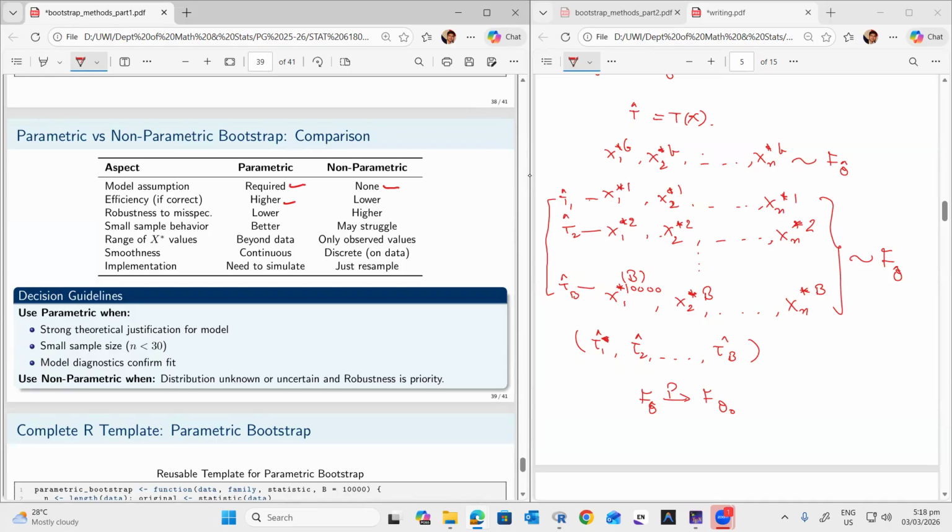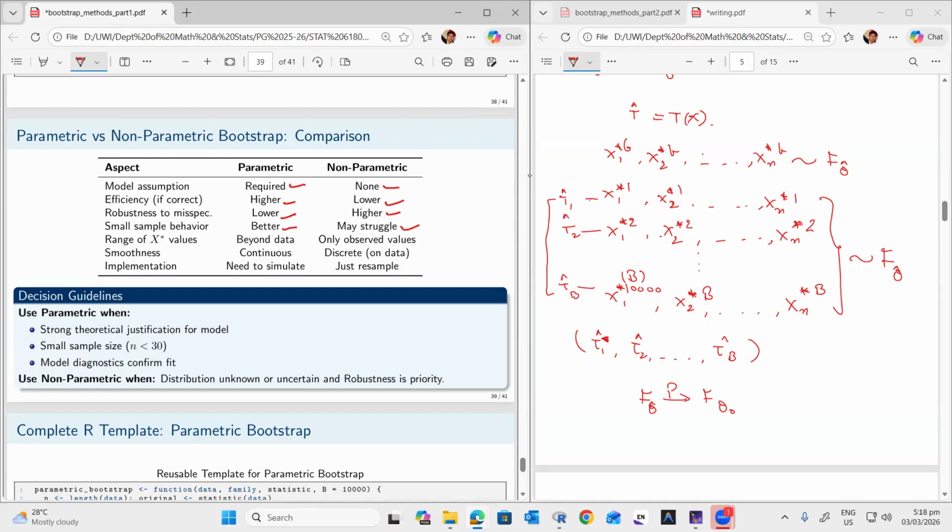If you don't know the distribution, efficiency will reduce. Robustness to misspecification is lower in the parametric and higher in non-parametric. For small sample behavior, in the parametric you don't struggle much if you know the distribution, but in non-parametric you may struggle when the sample size is very small.